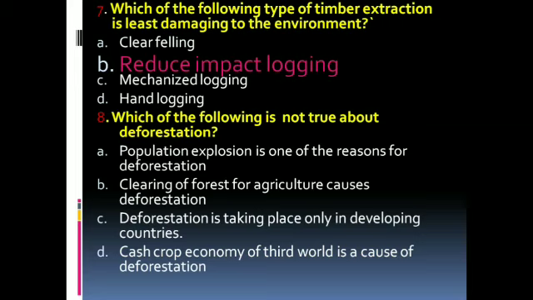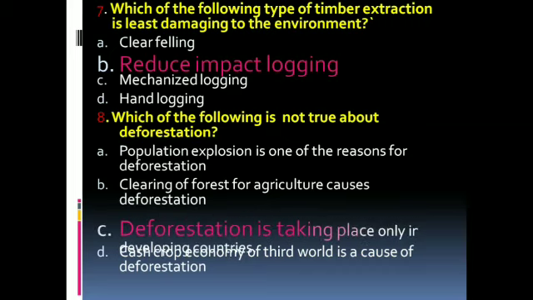Cash crop economy of third world is a cause of deforestation. So here the right answer is deforestation is taking place only in developing countries. That is not true, because deforestation is there everywhere.